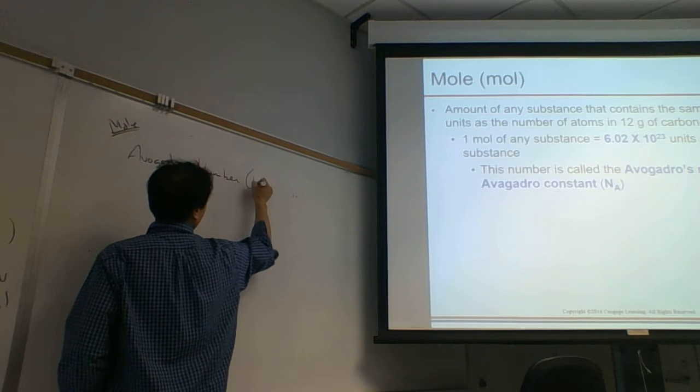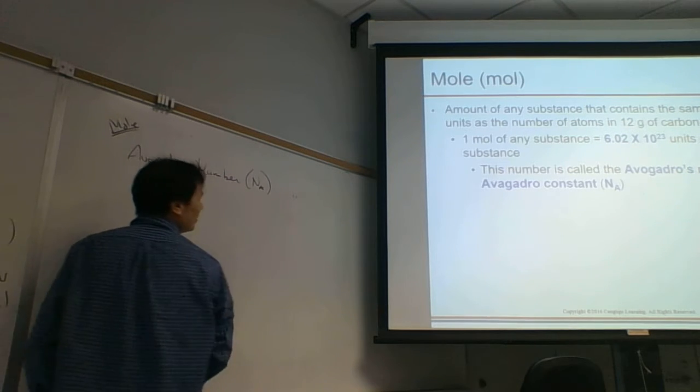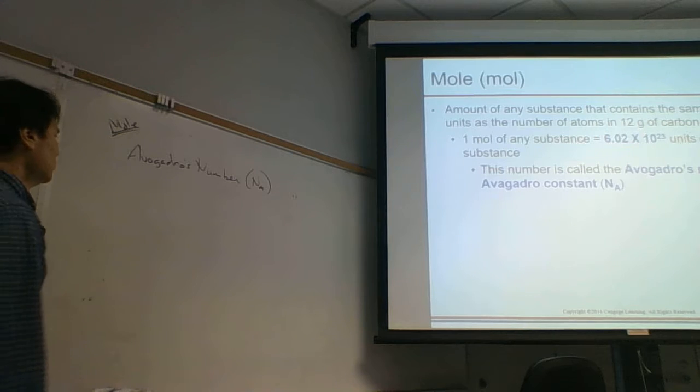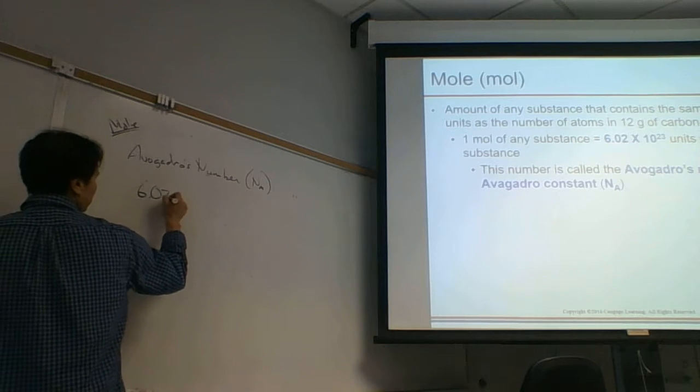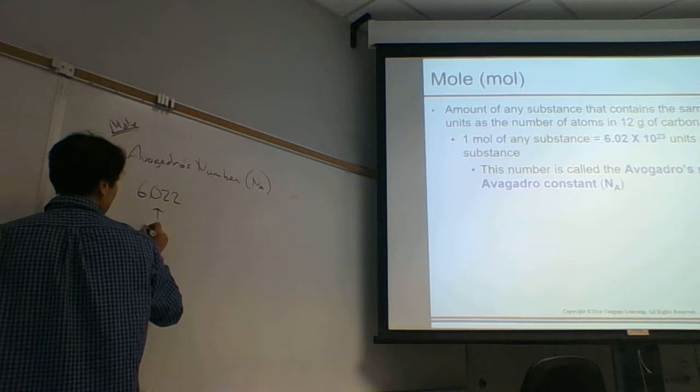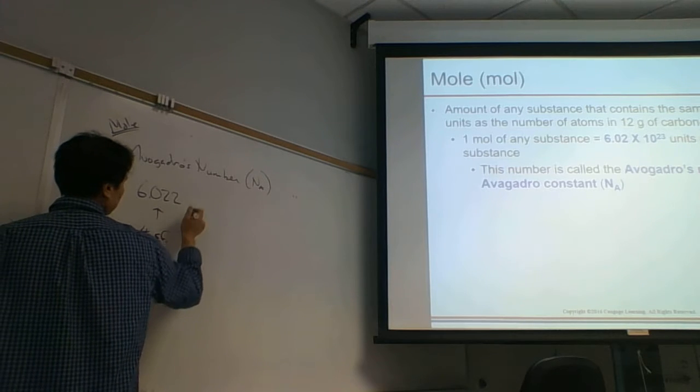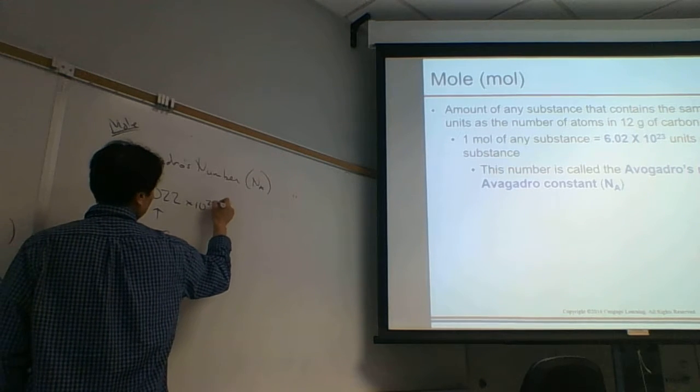It's abbreviated to capital N sub A, and we memorize it to 4 sig figs. This is not exact. It's 6.022 times 10 to the 23rd.